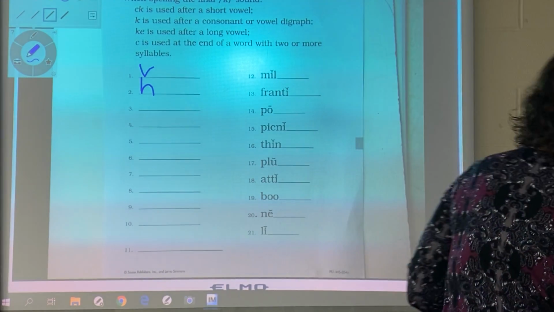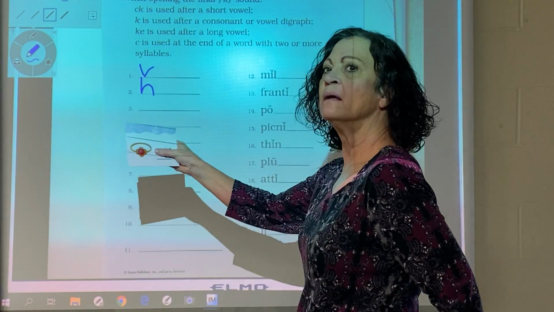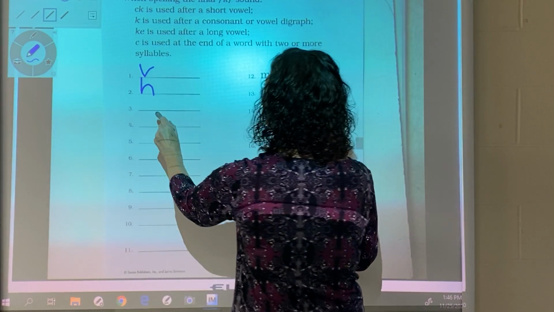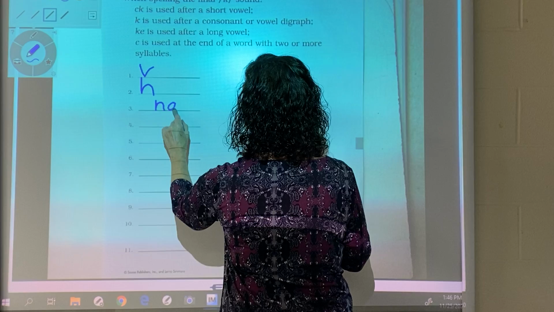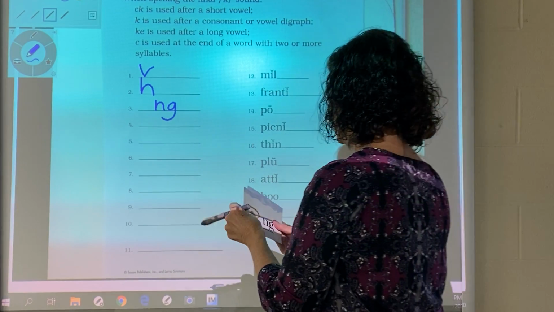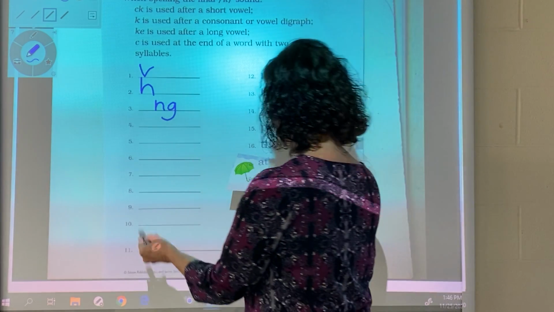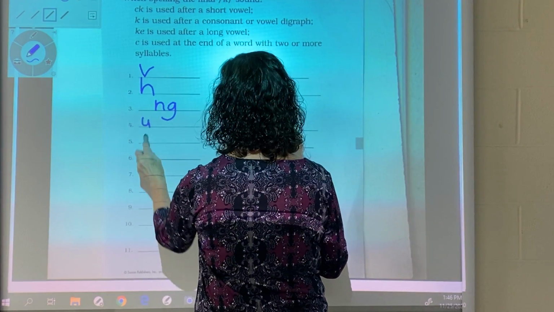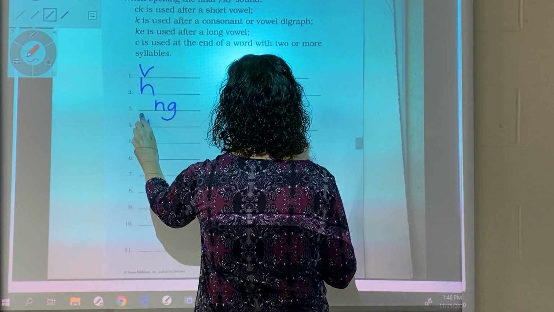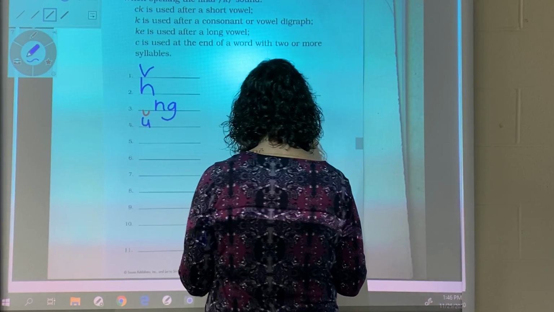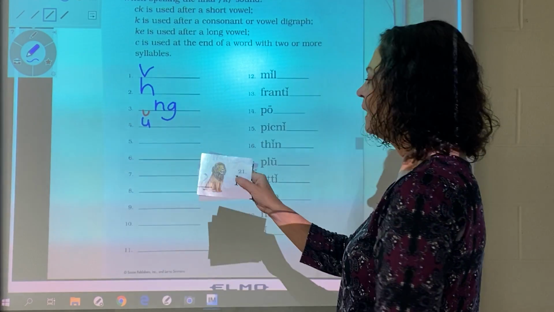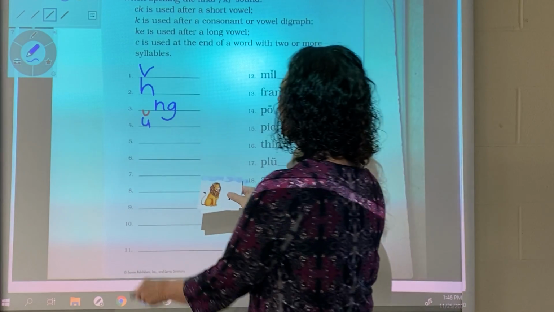We have a consonant digraph, ng, remember that one? Ng. Umbrella, short U. Code that with a breve. Lion, lion.